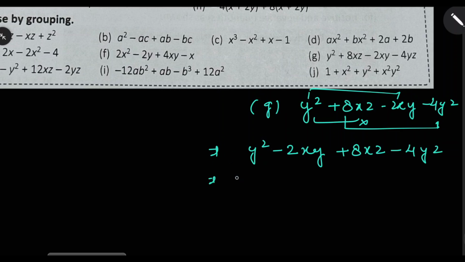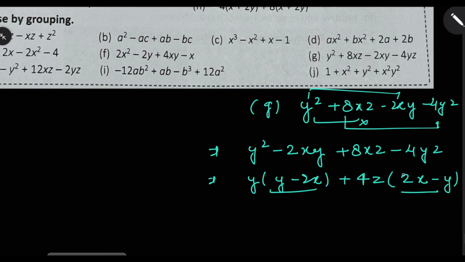Now we will try to take the common in between them. We have y as a common, so we are left with y minus 2x, and here we will take the common 4z, so we are left with 2x minus y. So still we are not getting the same term here. So what we'll do, we will take the minus common from here.